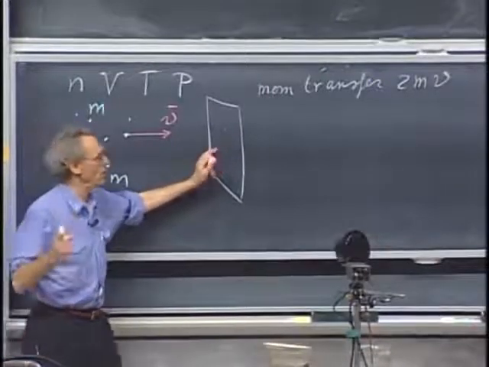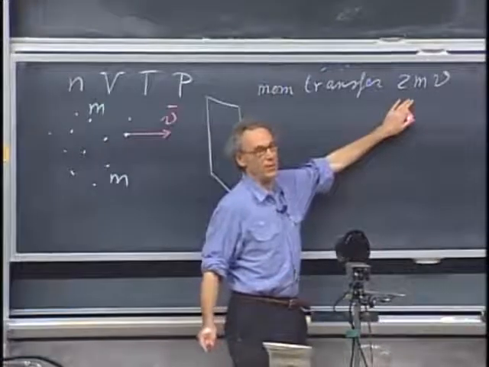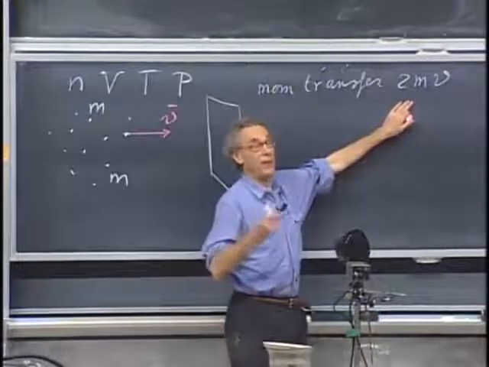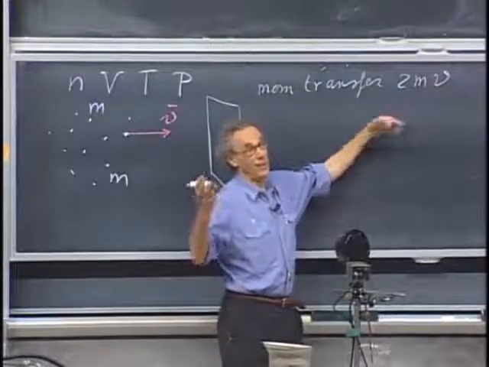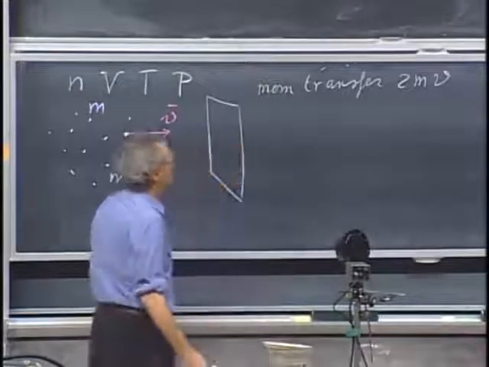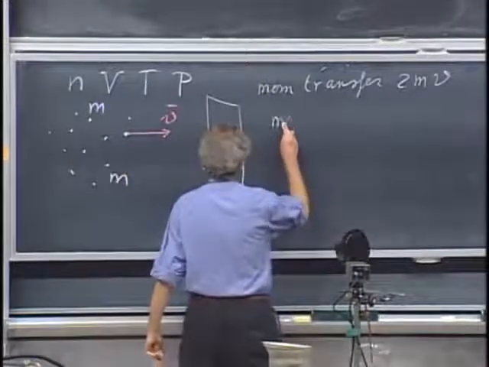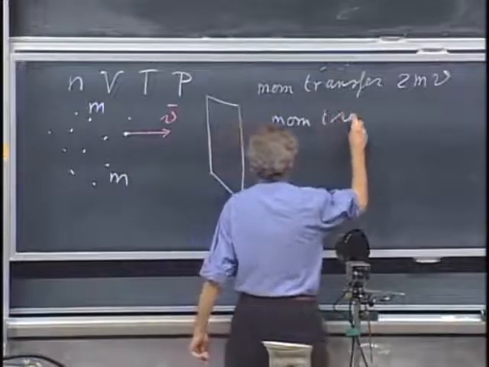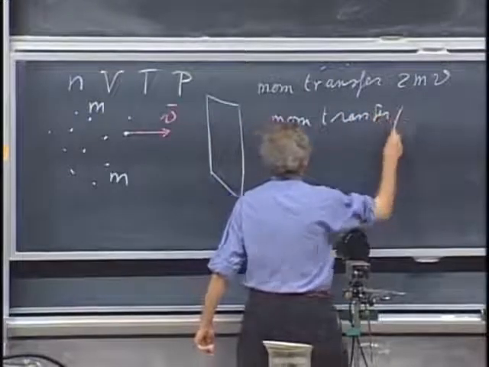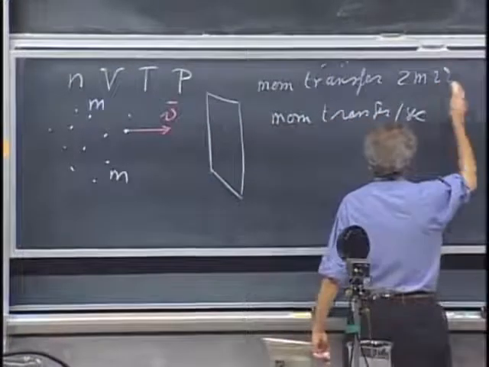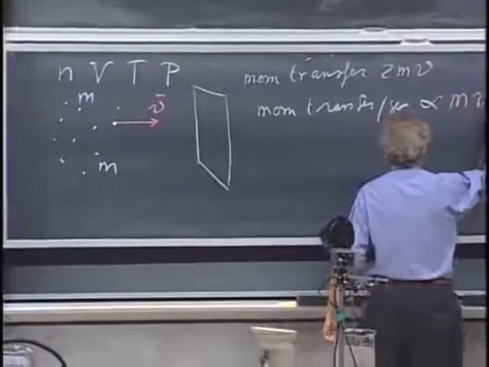For each bombardment, this is the momentum transfer. But if there are many, you have to multiply that by the speed. So the momentum transfer per second is proportional, let's say, to mv squared.